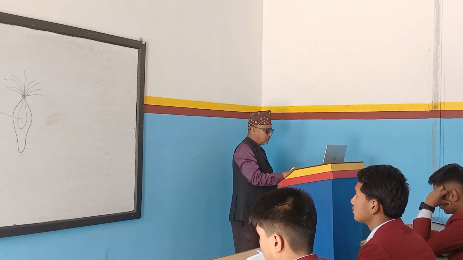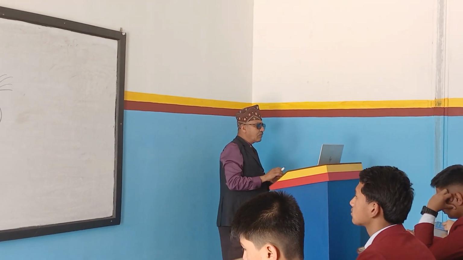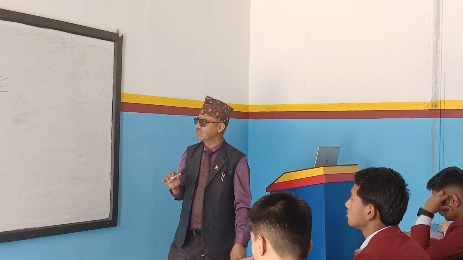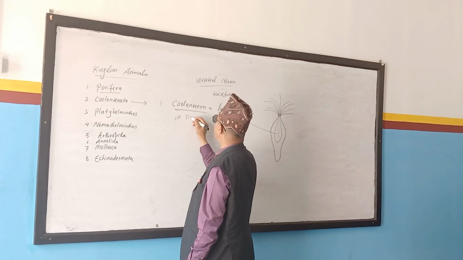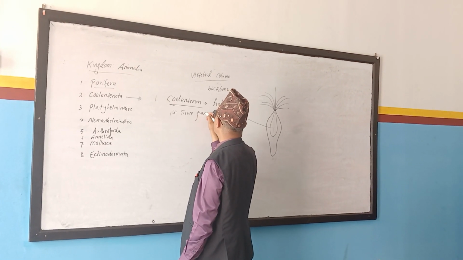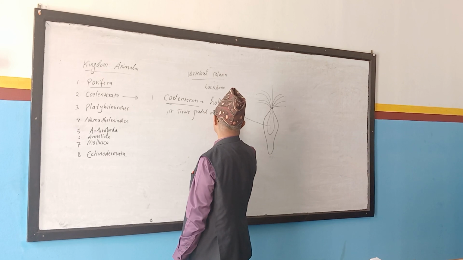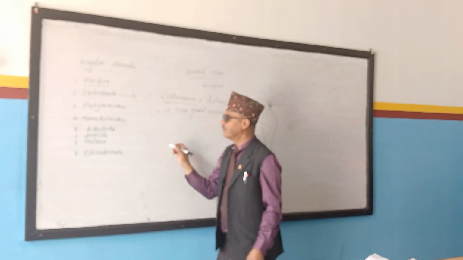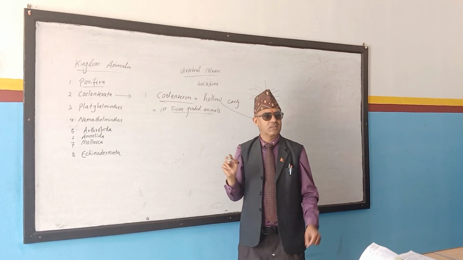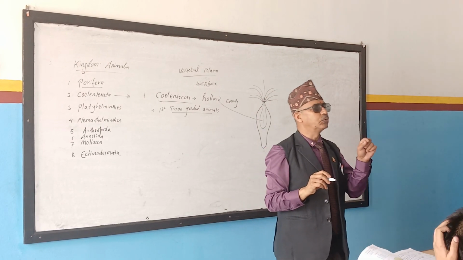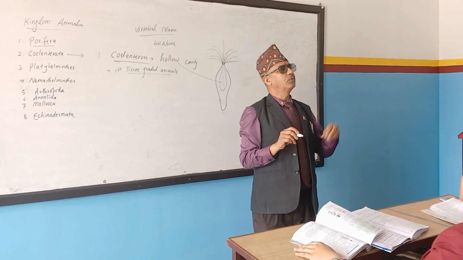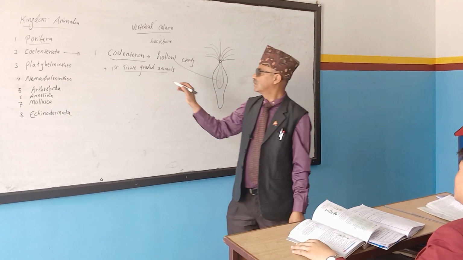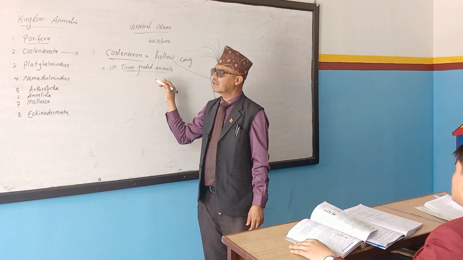Next important thing is, what is there? These are first tissue graded animals. What does it mean? Tissue graded means these are the animals which contain tissue. From this group, tissues appear. Like in Porifera, there are no well-developed tissues, but tissues are present in Coelenterata onwards.